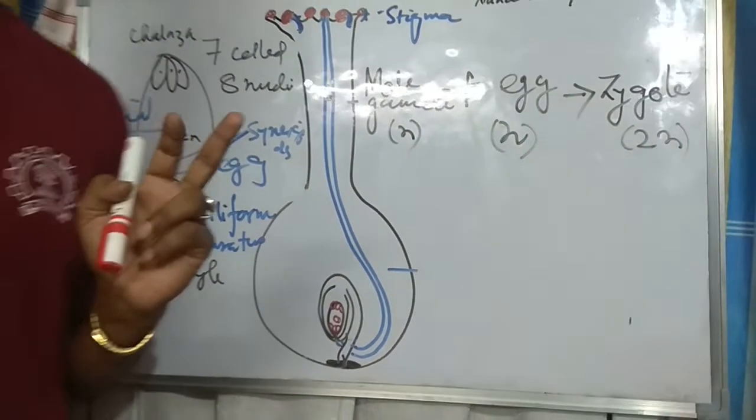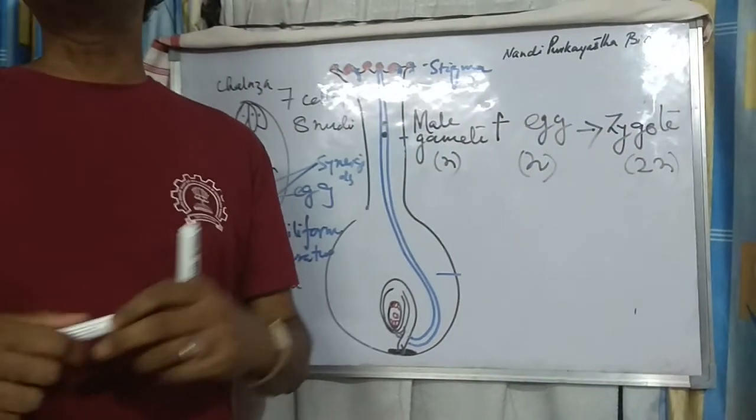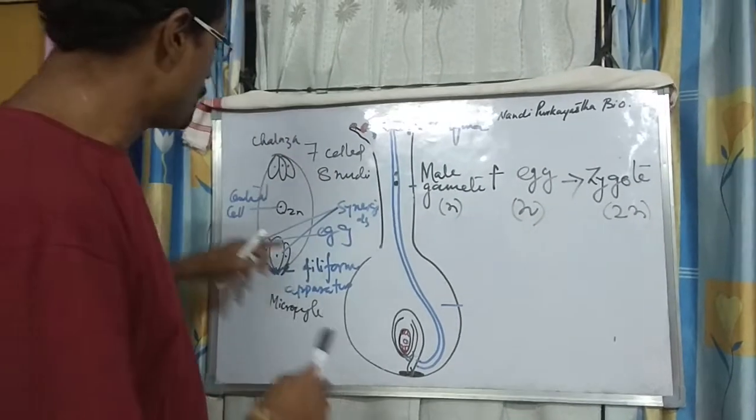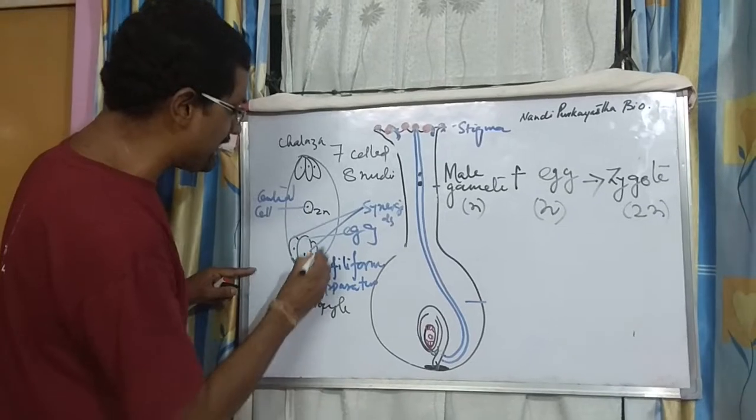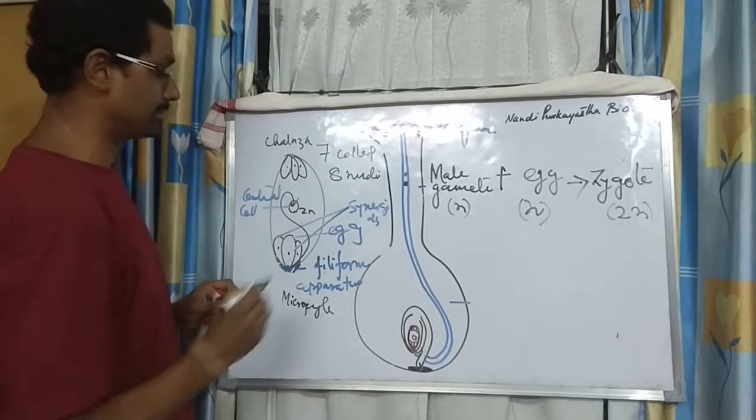That male gamete now fuses with the central cell. How? The central cell is here. So what will happen? It will move like this, come, and fuse here.